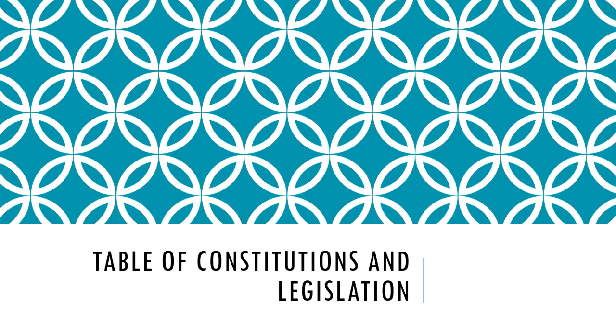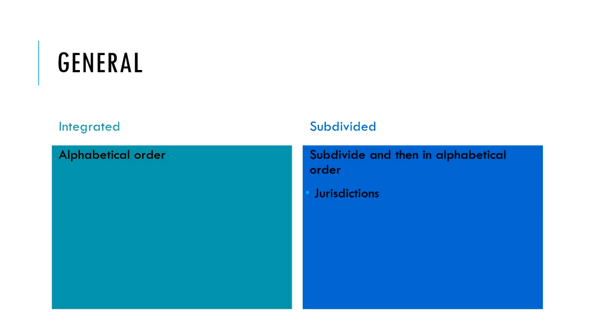Let's go to the table of constitutions and legislation. As with the example for the table of cases, I believe here the subdivided approach is better. You will see, however, that for purposes of constitutions and statutes or legislation, no mention is made of regional human rights instruments or international human rights instruments, because those documents are then included in a table of treaties.